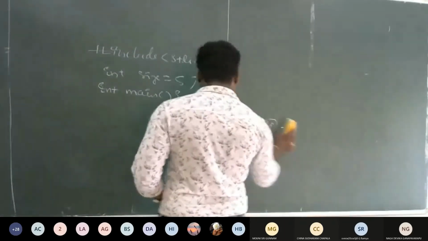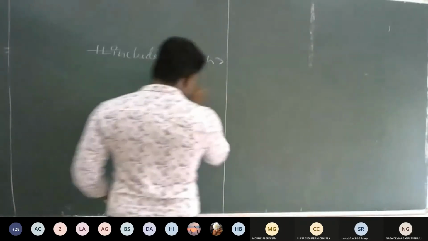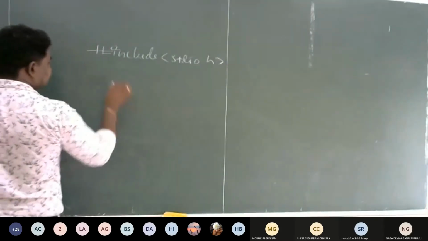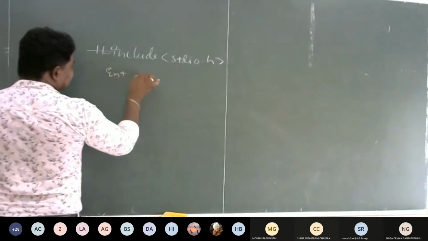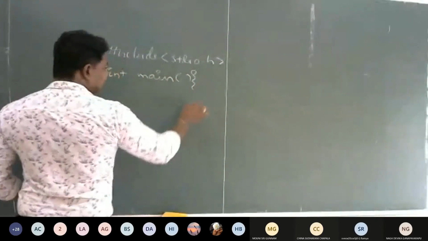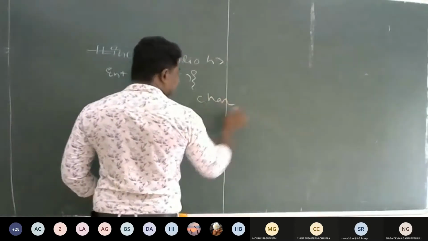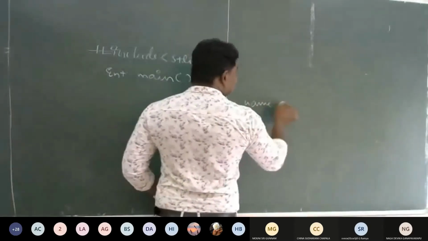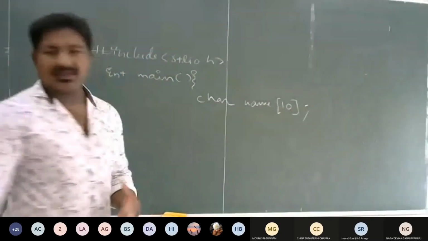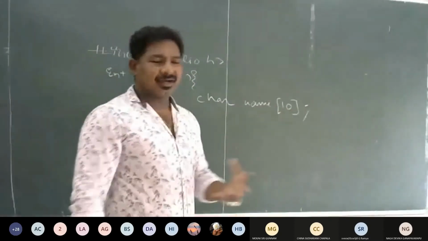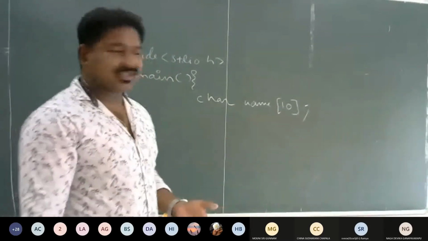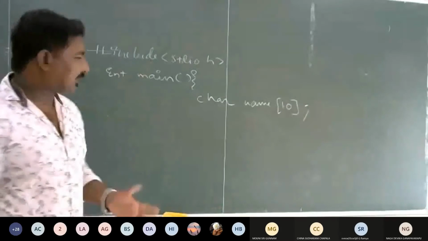So this is the concept. But I will try to finish this program in a simple way: hash include stdio.h, and I'm just writing int main. I don't want to experiment with it; I just want to show you something, right? Char name, and I'm putting the size as 10 because I want to give a string length of up to 10 characters. I will give Swek, or Sri Vishnu, whatever.